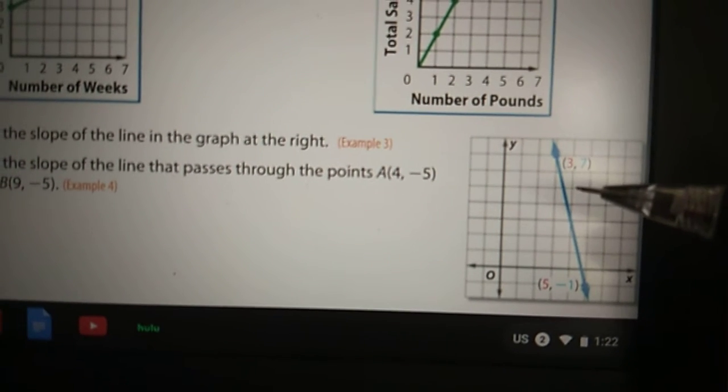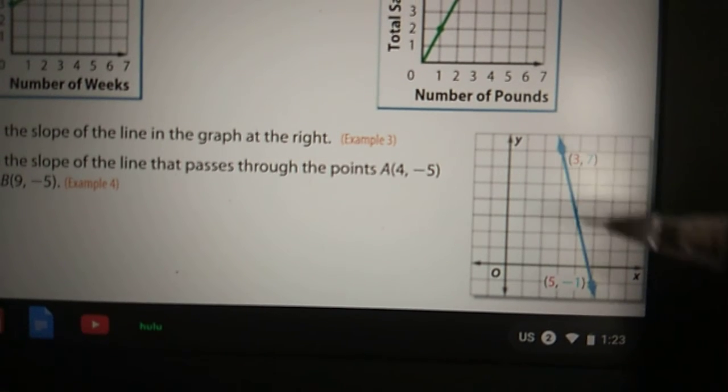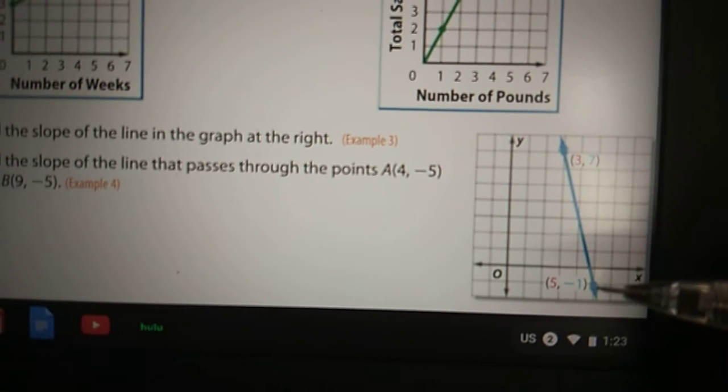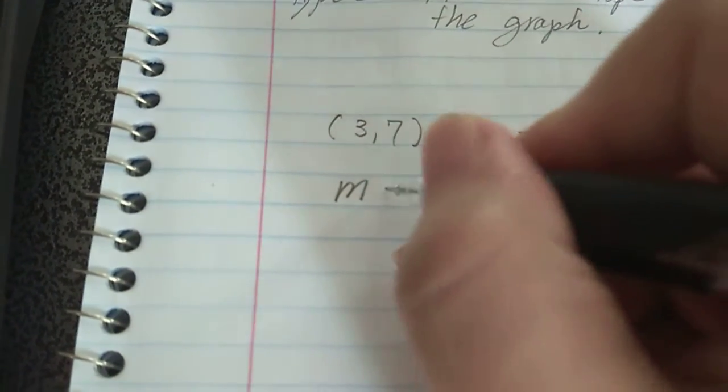So here we have (3, 7), that's a good one. And then (5, -1), right here. There's another one. So we have points (3, 7) and (5, -1). When you have 2 points and they ask you to find the slope of the line, here's what you do. The slope is represented by the letter m.